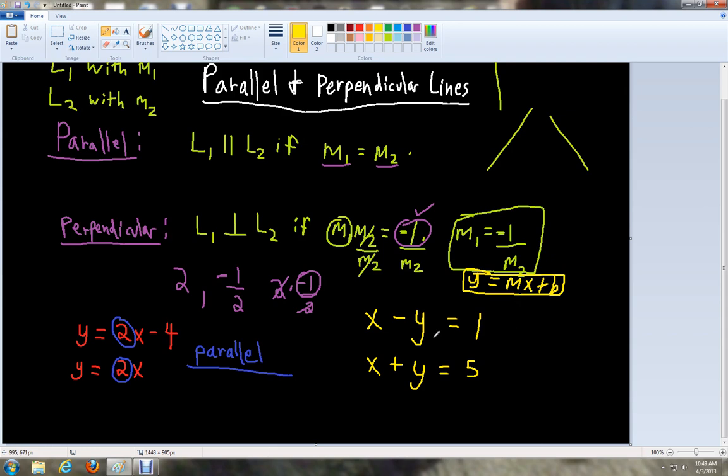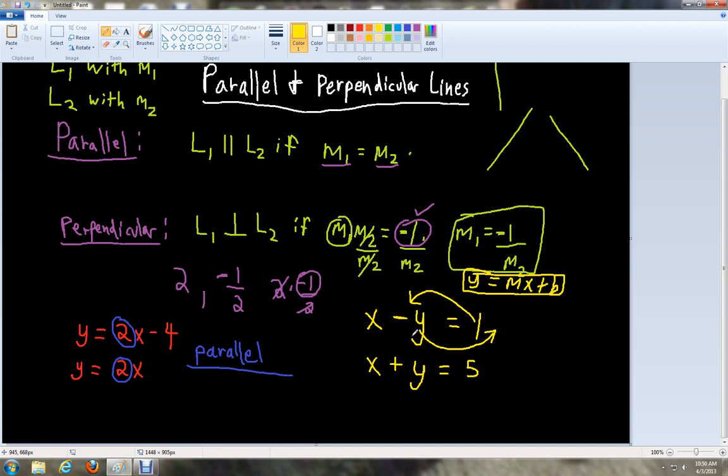So the best way to do this, there's a little trick, when you have some negative variable that you're trying to solve for, is you can bring this y over to the other side. If it's negative, it's going to turn positive, and then this 1, if it comes over to that side, that 1's going to become negative.